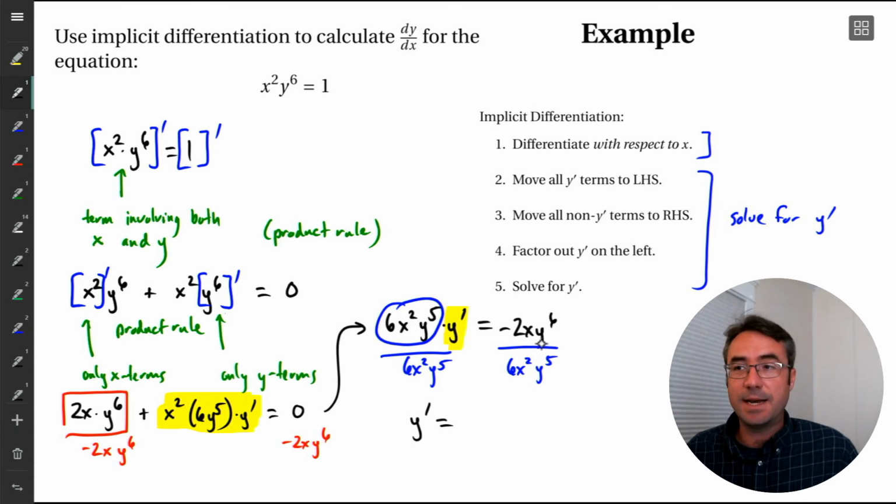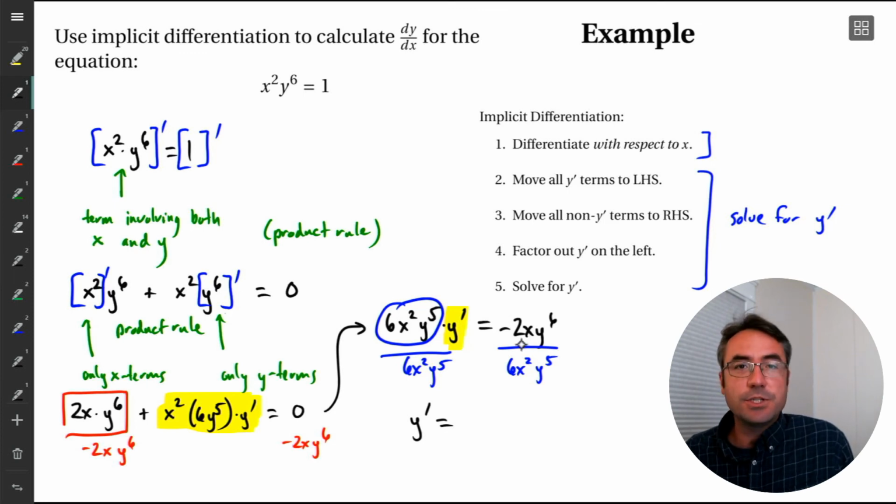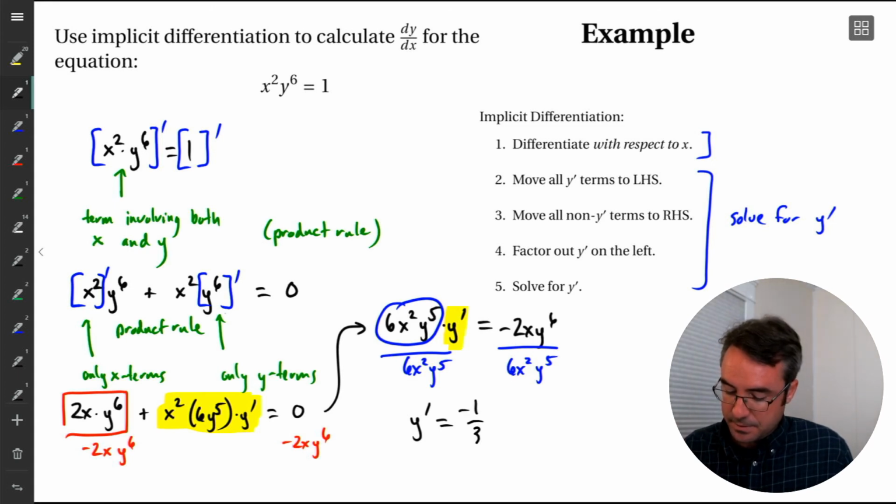And then on the right side, I have this fraction right here, which I could simplify down if I wanted to. So there's some terms that I could cancel out of here. So for instance, I have a 2 and then a 6. That simplifies to just 1 over 3. Then I have 1x on the top and 2 x's on the bottom, so I could cancel out an x from both of those.